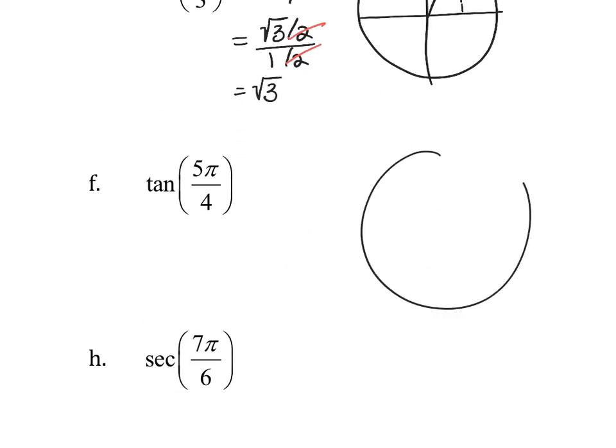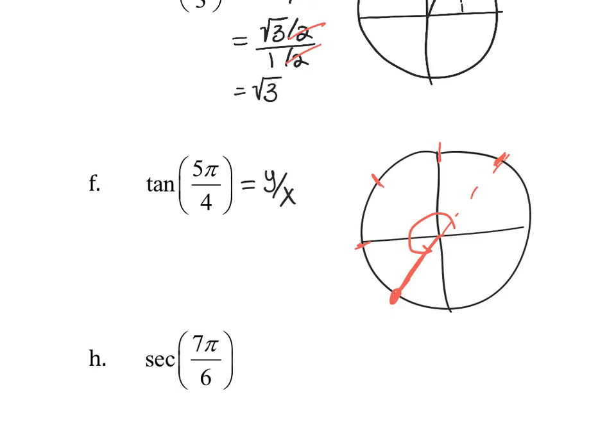Okay, tangent of 5 pi over 4. 1 pi over 4 is right here, or 1/8 of the way around the circle. So there's 1, 2, 3, 4, 5 pi over 4 is in the third quadrant along the line y equals x. Now the interesting thing about being along the line y equals x is we know that tangent is the y over the x.